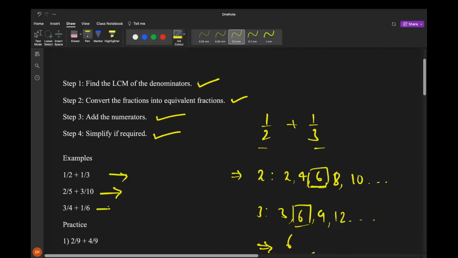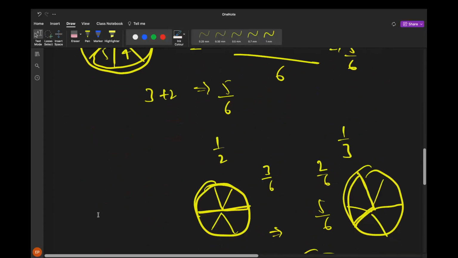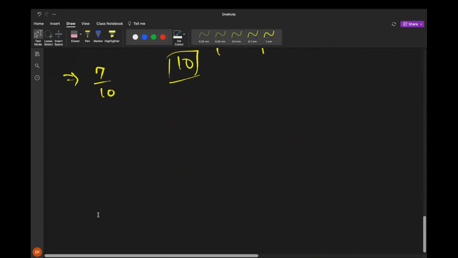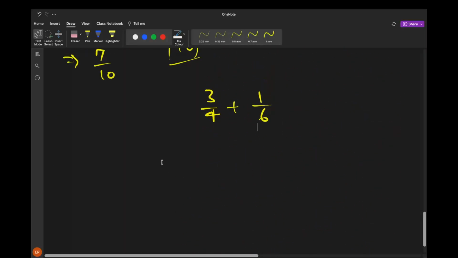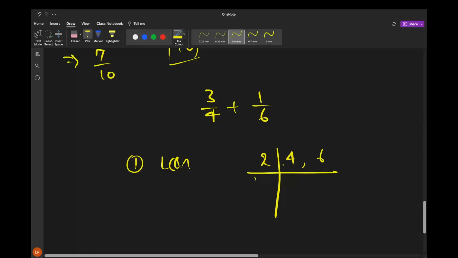Now do this also. 3 by 4 plus 1 by 6. First step, LCM of the denominators. 4 comma 6. Start with 2. 2 2s are 4, 2 3s are 6.